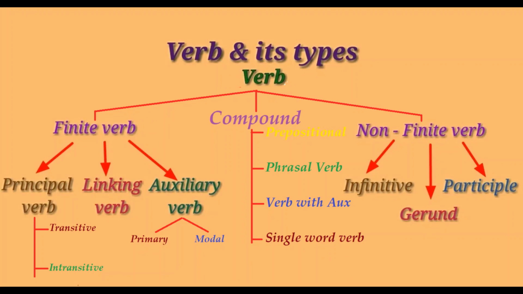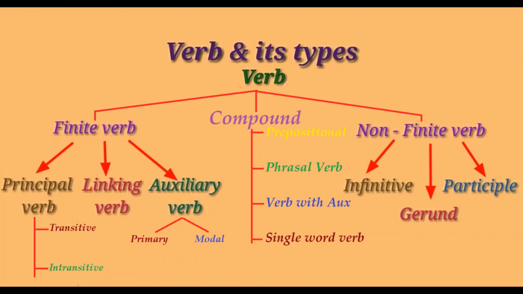Principal verb is the main verb, and it can be a static verb or an action verb, which is a dynamic verb. Principal verb is divided into two types, transitive and intransitive, and even the static verb can have both when it becomes an action verb.